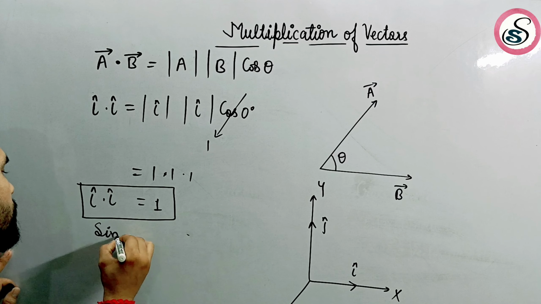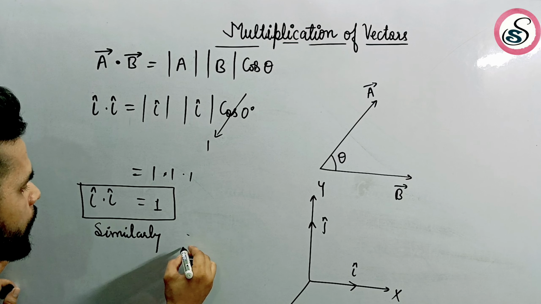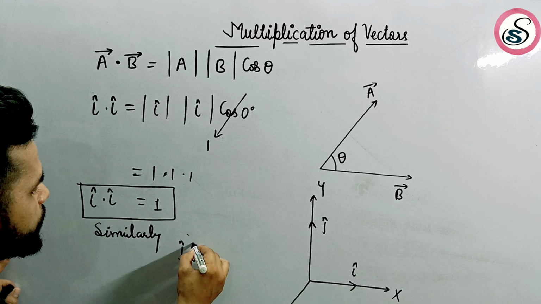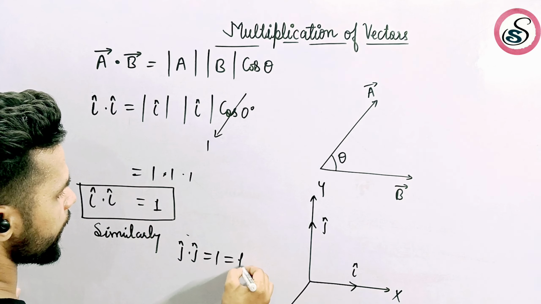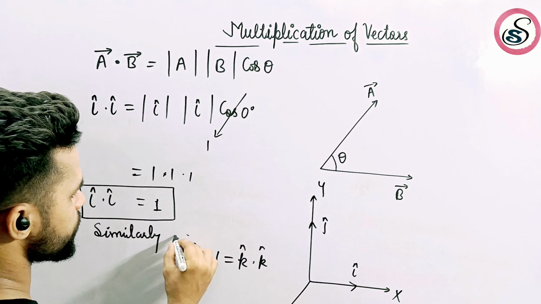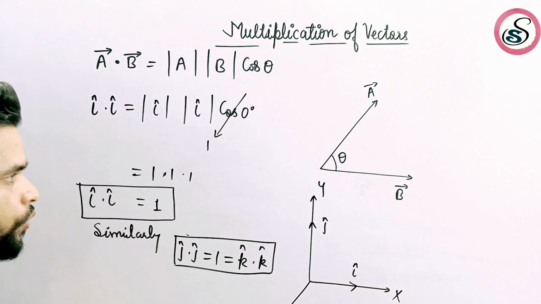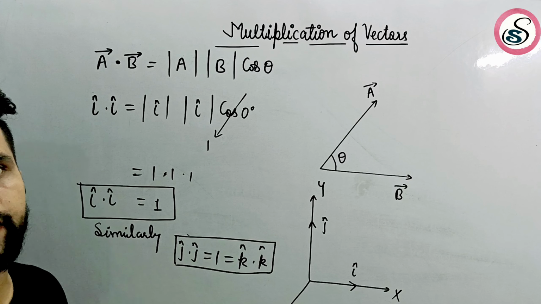Similarly j cap dot j cap is equal to 1, and k cap dot k cap is equal to 1. This is the dot product of unit vectors.